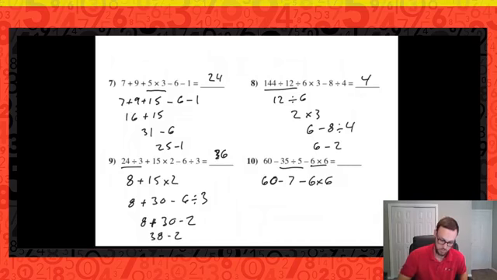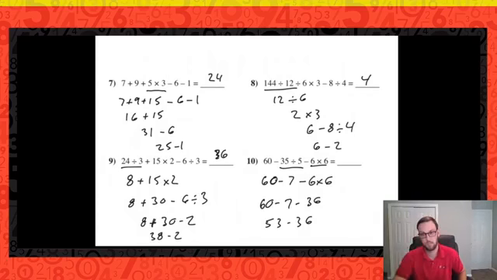Now I have all subtraction, so I can work from left to right. 60 minus 7 is 53. 53 minus 36 is going to be what? 17. Good job.